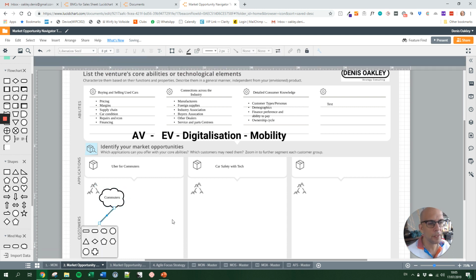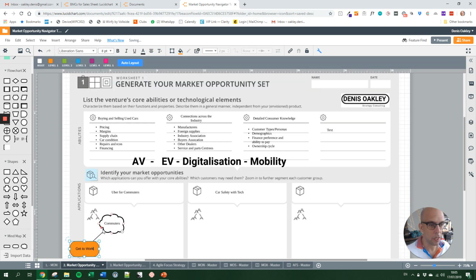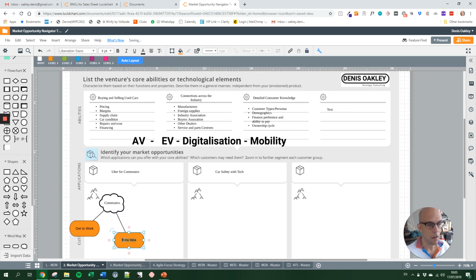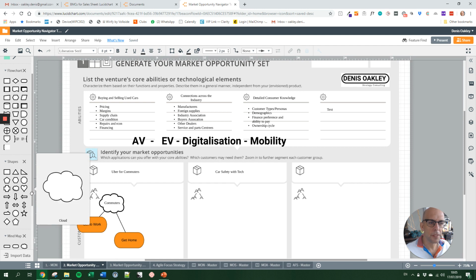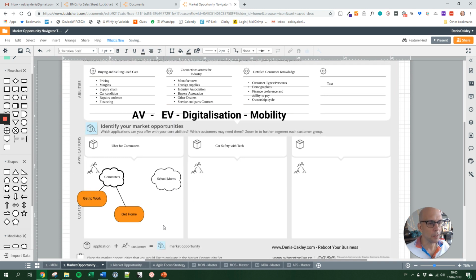What sort of thing do they want? They want to get to work, and they also want to get home. But I'm guessing we've also got school mums. I mentioned them a minute ago. So where's my mind map gone? Here we go. Oops, is that right? No, that's not quite right.